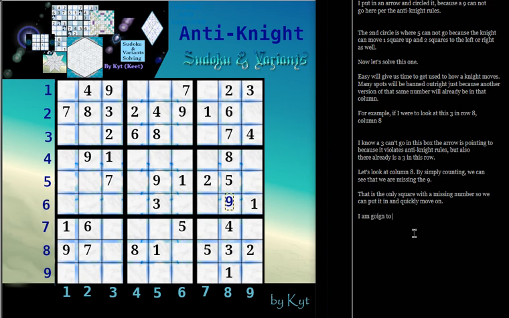I am going to now focus on row 8. I see that it only has 2 empty cells, or squares, as I often call them.